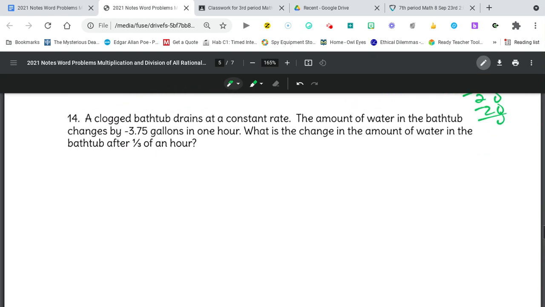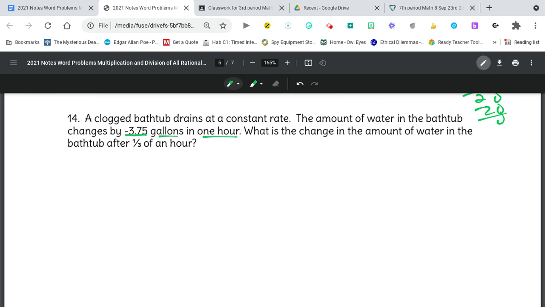All right, a clogged bathtub drains at a constant rate, which means the same amount of water is going out per whatever. The amount of water in the bathtub changes by -3/5 gallons in 1 hour. So every hour, like 3 7/500ths of a gallon is coming out. Okay.